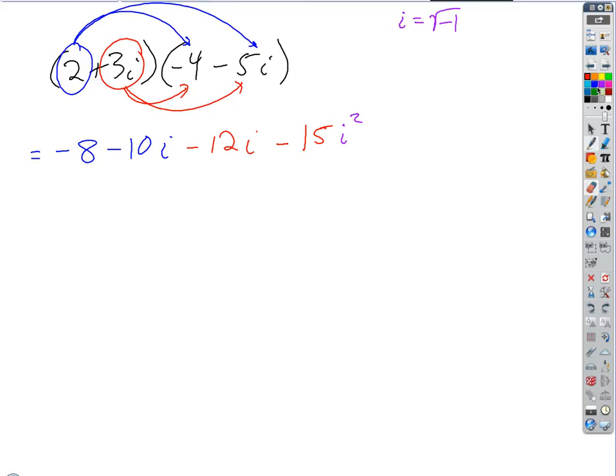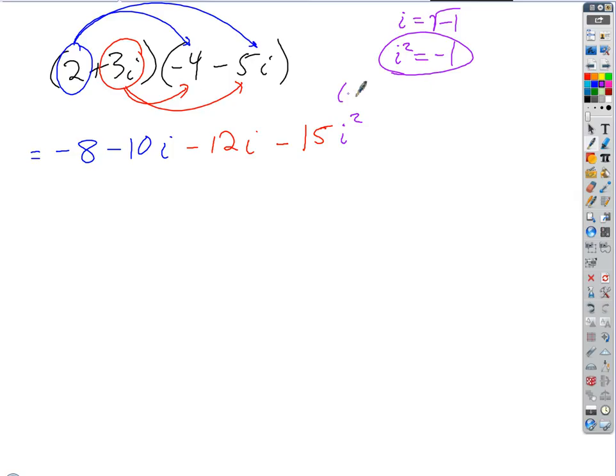So if that's the definition of i, the square root of negative 1, what's i squared equal to? Negative 1. When I square a square root, I undo the radical, so i squared equals negative 1. Every time you get an i squared when doing arithmetic with imaginary numbers, you trade it for negative 1.